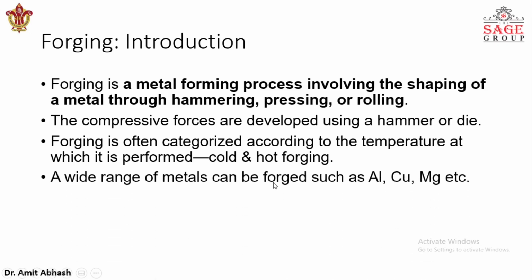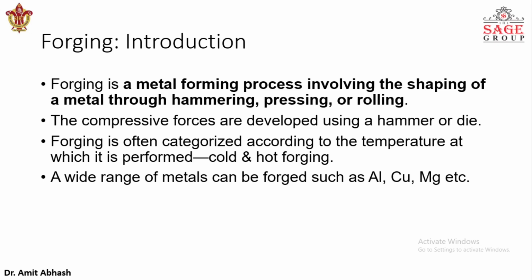The last point is a wide range of metals can be forged, such as aluminium, copper, magnesium, etc. Mostly ductile material can be forged more easily as compared to some brittle types of material. I'm not saying that brittle material cannot be forged.